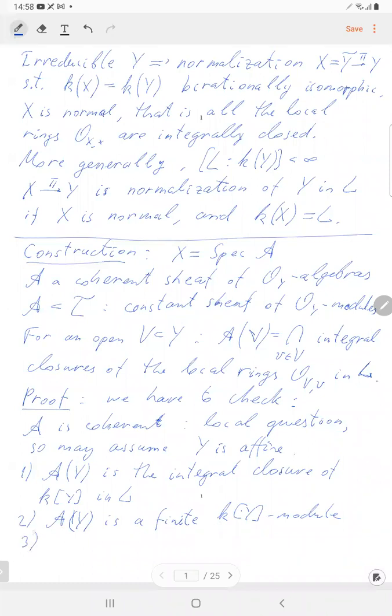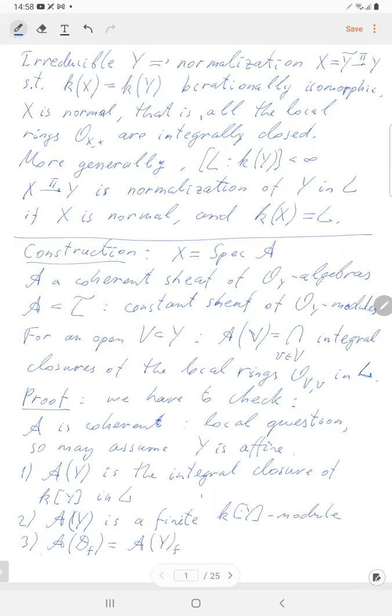Then we have to check that it commutes with localization with respect to a regular function f.